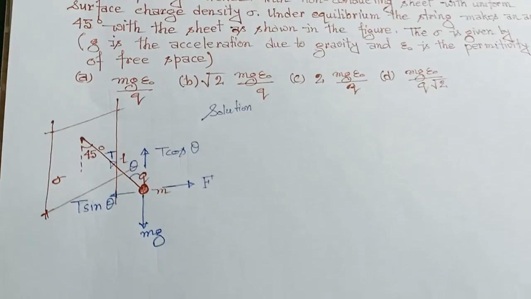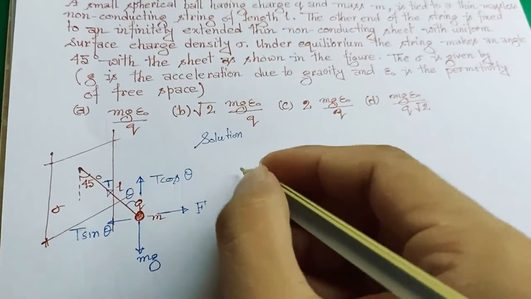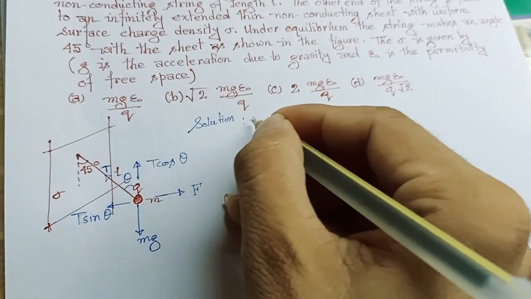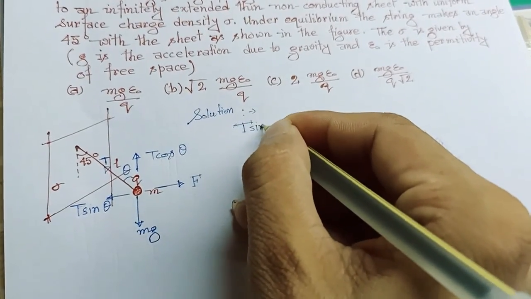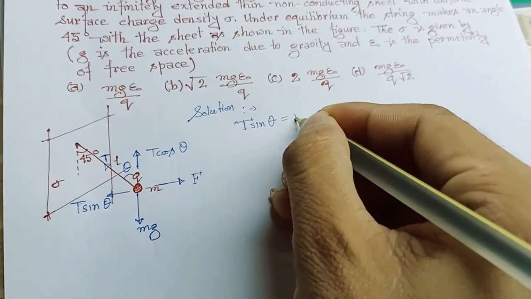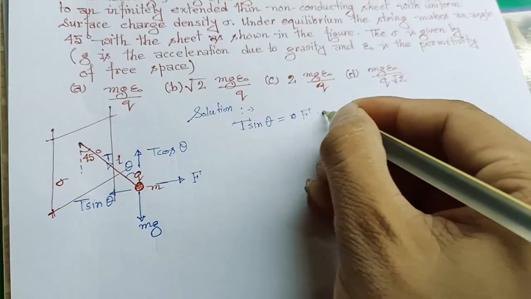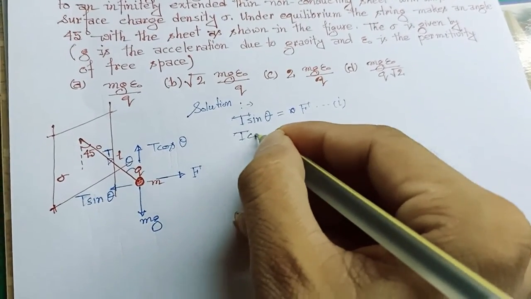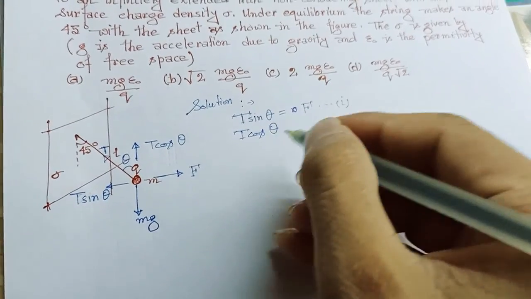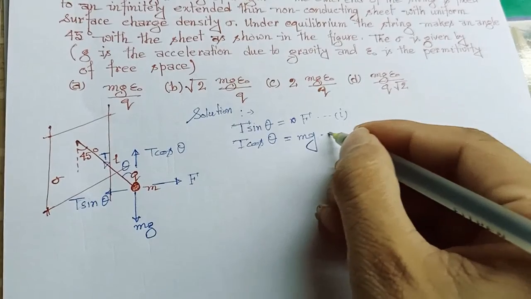So from this diagram we can write T sin theta is equal to F. Let this be our equation number 1, and T cos theta is equal to mg. Let this be our equation number 2.